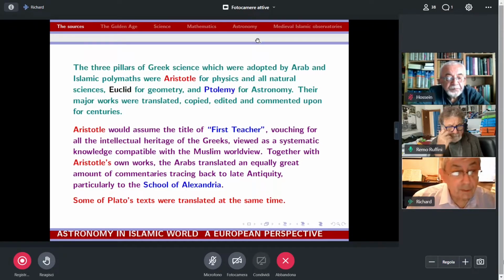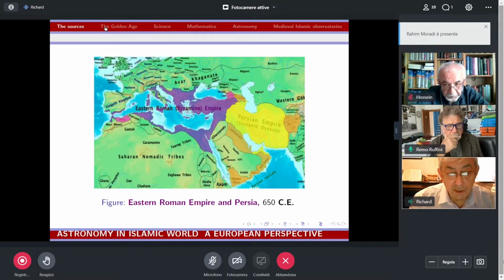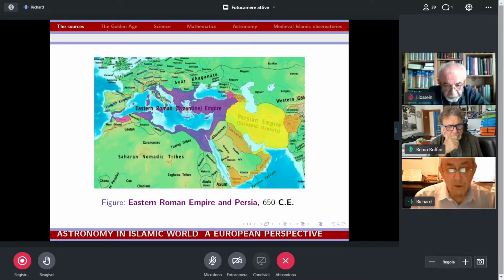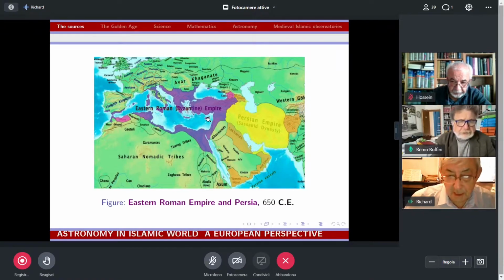Now I'll skip some things and we'll start with the Golden Age, and to show what was the state of the old world at the dawn of Islam. It's important to see that the western part of Rome was completely in shambles, whereas the eastern part, speaking Greek, and which conserved most of the Greek science, was still alive, and it was the Byzantine Empire.